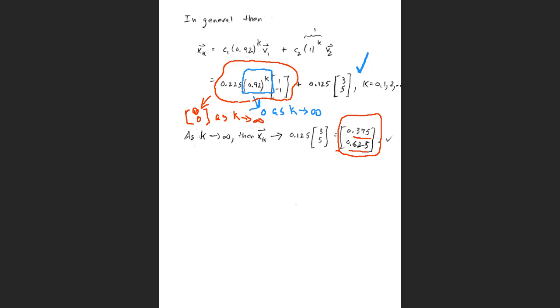Let me see, there was a comment here. Well, yeah, in this case, because one of the eigenvalues was 1, 1 to the kth power was equal to 1. But of course, that doesn't have to happen if you deal with different applications. So we're going to learn about, for instance, looking at species.